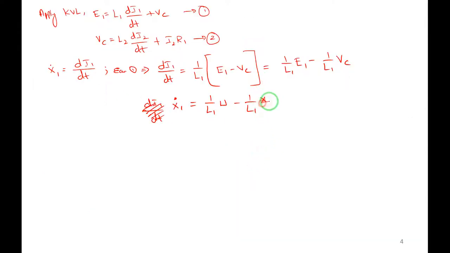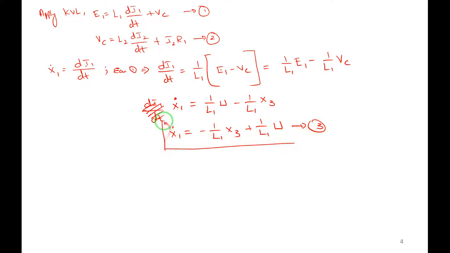Let me rearrange it and write x1 dot, because first I should get the states, then the input. So minus 1 by L1 into x3 plus 1 by L1 U. Call this equation 3. This is required for constructing the matrix. Let me put it in the box so that it will be easy for me.